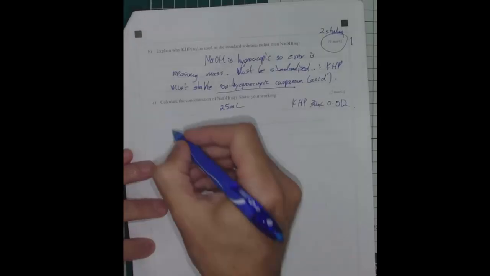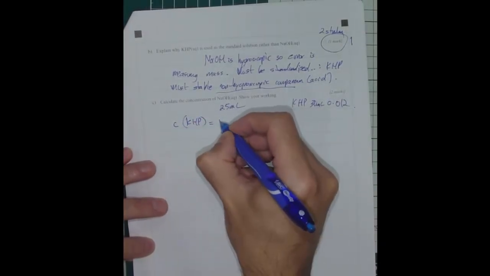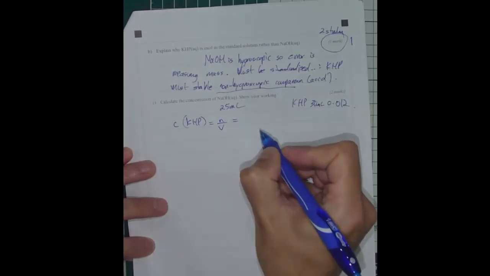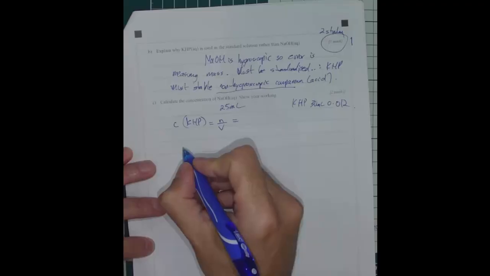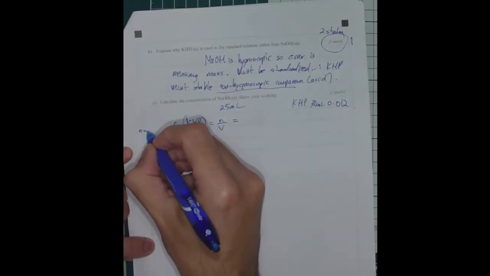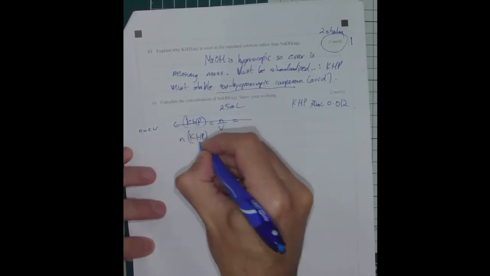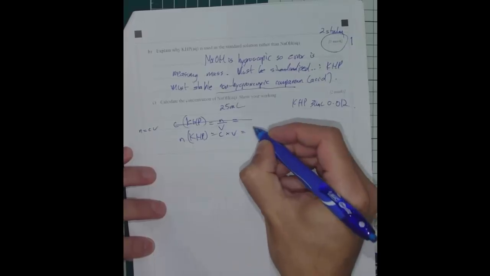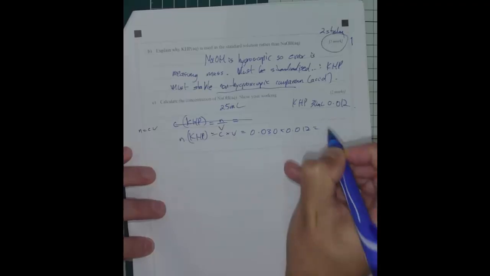Okay, so concentration. KHP, always write formula, substitute units, number of moles and volume. Number of moles KHP equals C times V. 0.030 times 0.012.